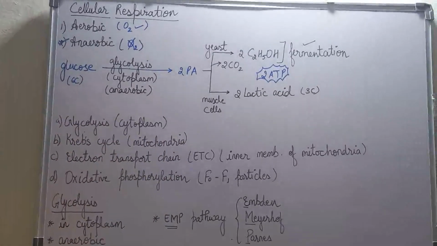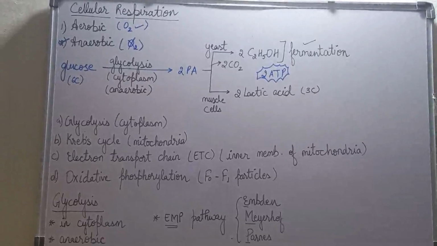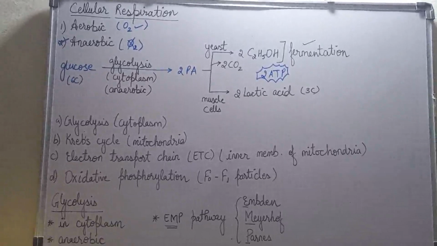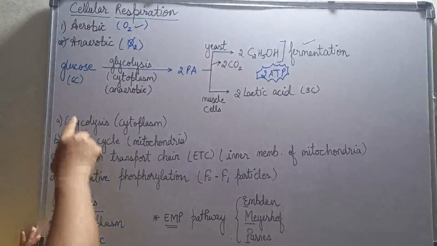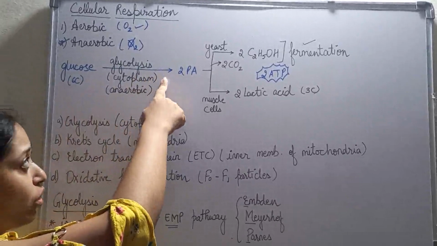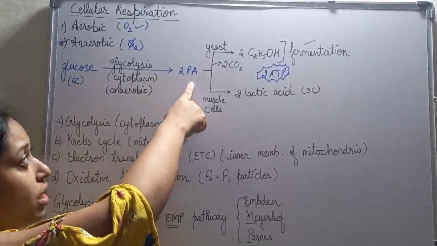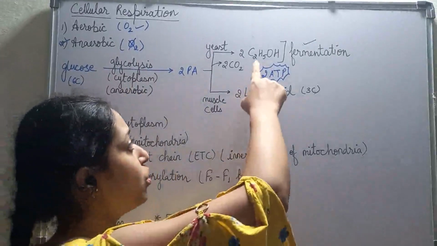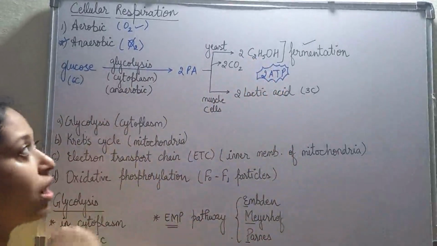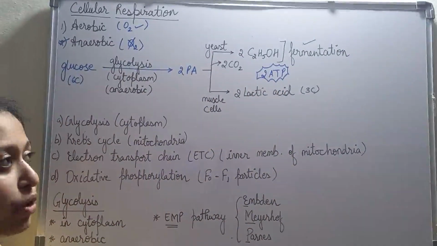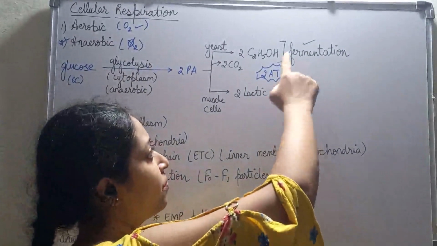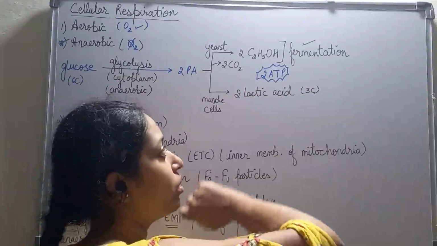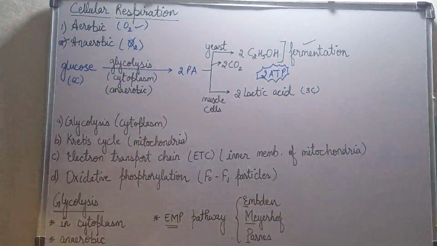If we talk about converting grapes into wine, then grapes contain a lot of glucose, and glucose with the help of glycolysis process will convert into pyruvic acid, and then pyruvic acid in the presence of yeast will convert into ethanol with the release of carbon dioxide, and this process is known as fermentation. And along with these two things, that is ethanol and carbon dioxide, two molecules of ATP are also formed.